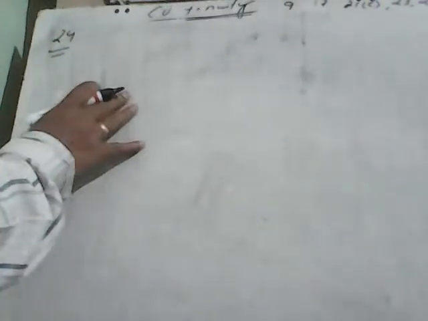Now question number 24. Determine if f defined by this is a continuous function. f(x) equal to x square sine 1 by x when x is not equal to 0, and it is 0 when x is equal to 0.